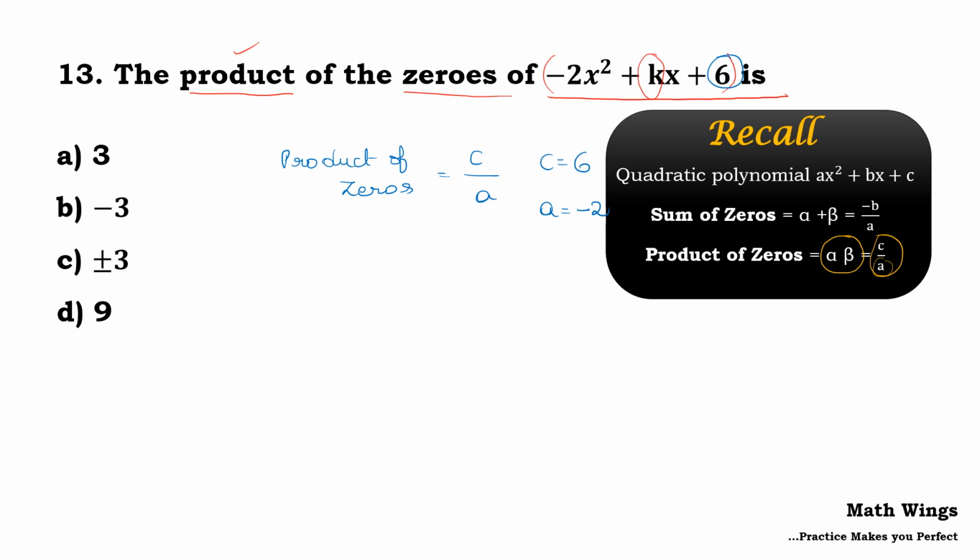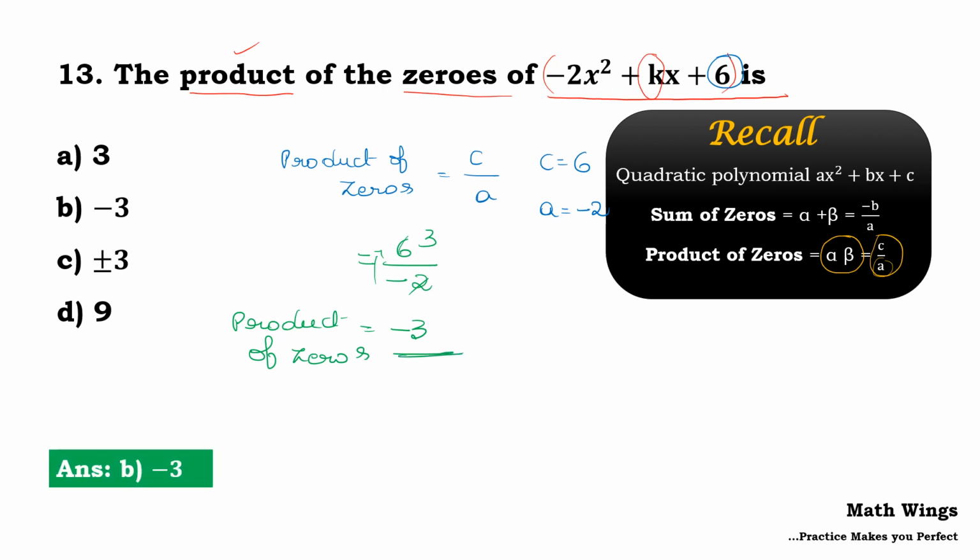So when we substitute c and a, we get 6 divided by minus 2. So this gives us 2 ones are 2, 2 threes are 6, and we'll take this minus to the numerator. So it becomes minus 3. Therefore, product of zeros is equal to minus 3. The correct option is option B here. We'll move on to the next question.